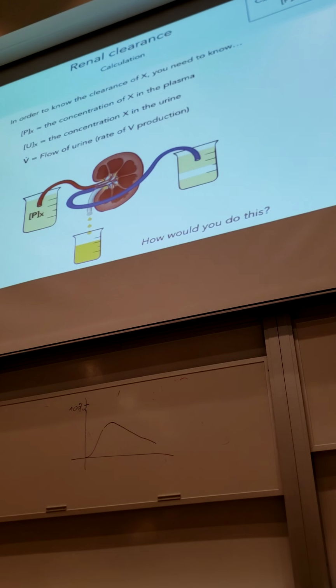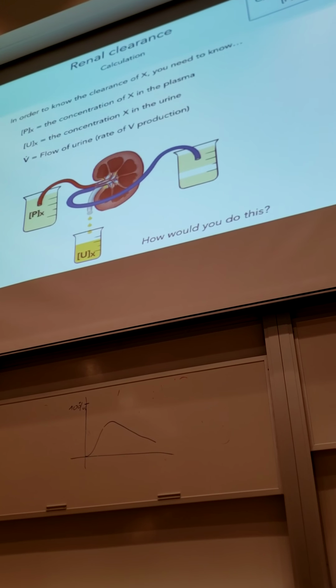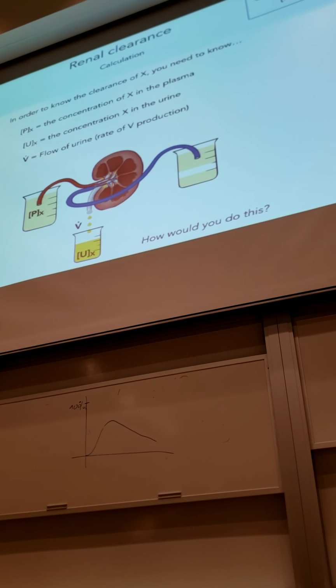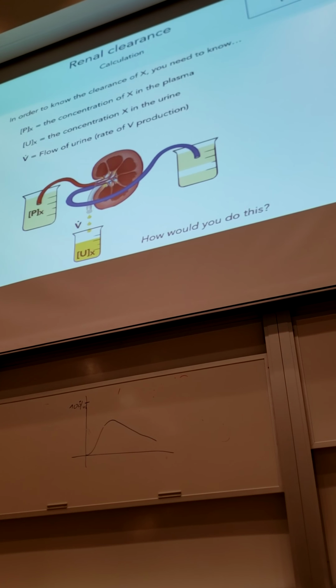Okay, so let's see if we can do this. Oh, here's my concentration. The V with a little dot is the volume rate, the rate of urine production.